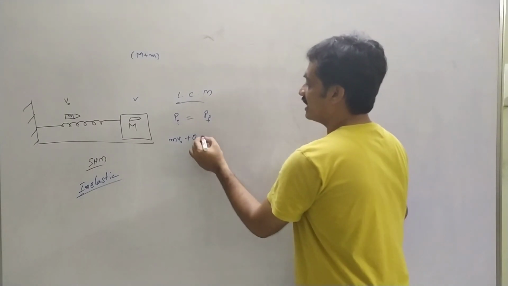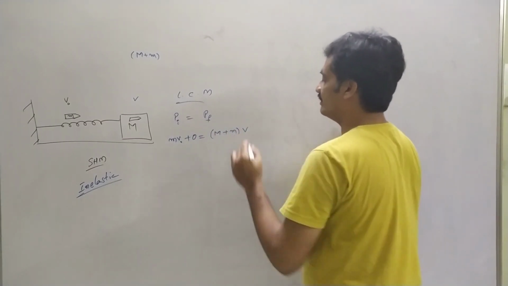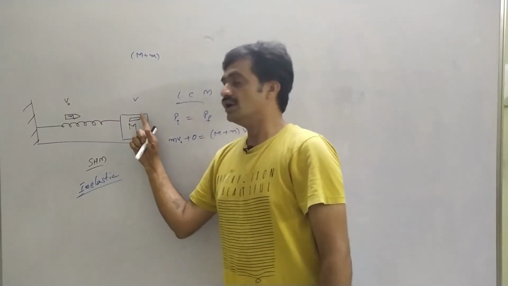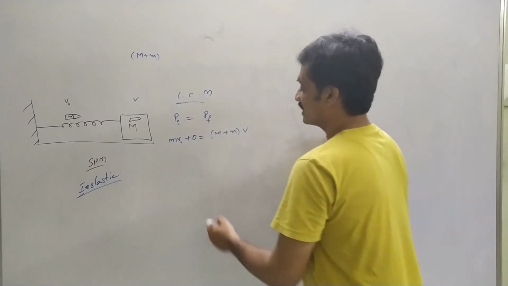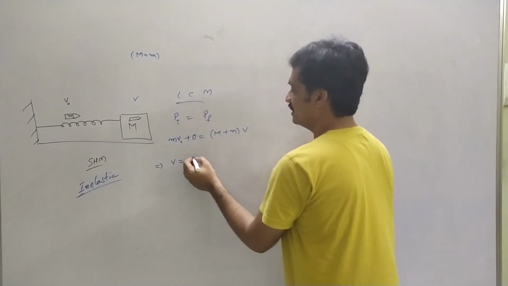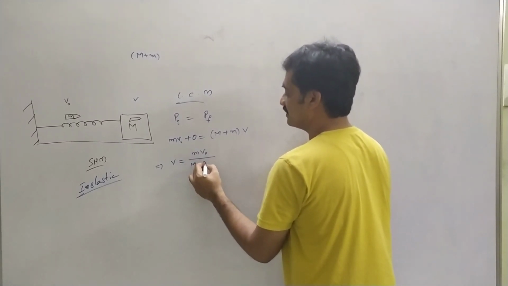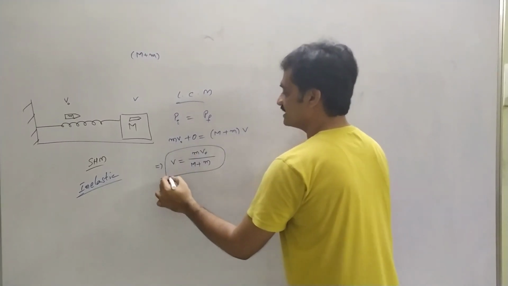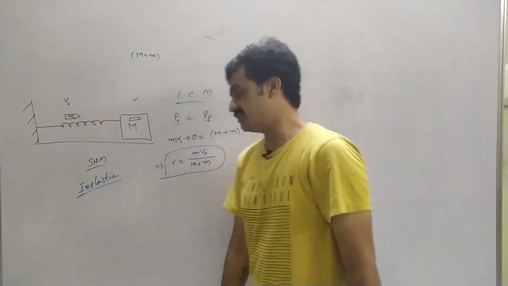So we have (M plus m) into v, where v is the velocity of these two bodies oscillating about the mean position. From this equation, v is equal to m v naught by (M plus m). So this represents the velocity with which this block is oscillating about the mean position.